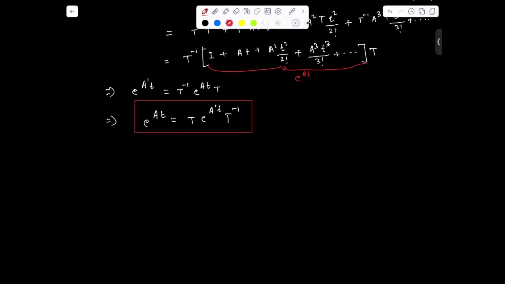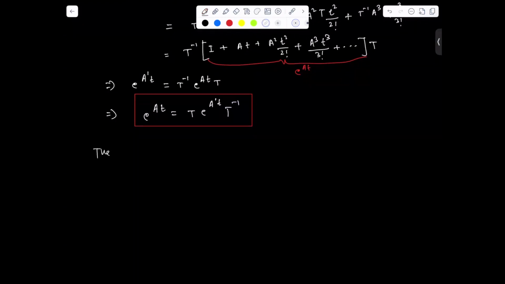in the original system we had before, the solution of x of t: x of t equal to e to the power At x naught plus integral from 0 to t of e to the power A(t minus tau) B u of tau d tau, right?